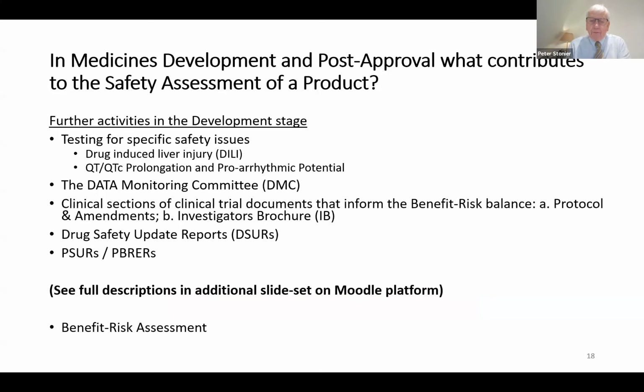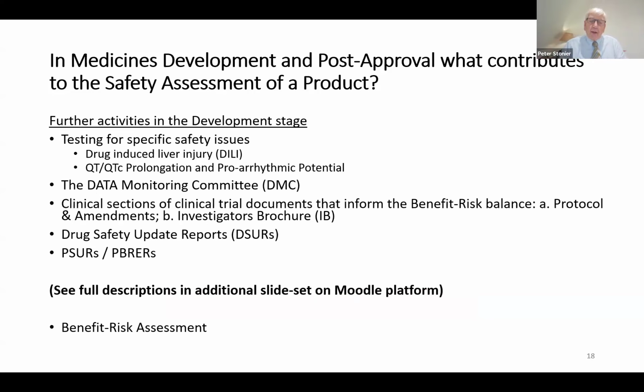So I'm just summarizing here those other activities which we're not going to make a presentation of, but which I refer you to in the supplementary slides which are on the Moodle platform. And these are further activities in the development stage which could give rise to safety data, such as testing for specific safety issues.